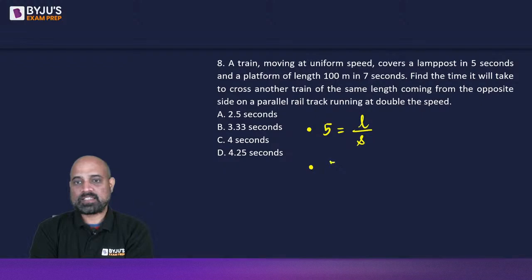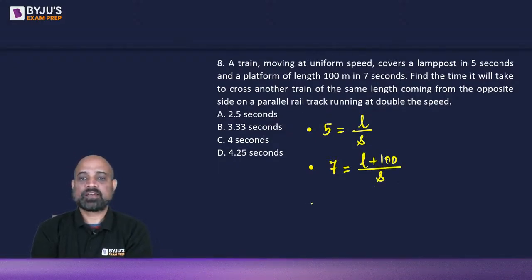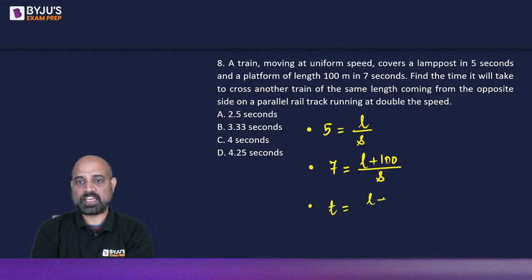Second, in 7 seconds, the train is able to cover its own length plus 100 meters of the platform at its own speed. The third thing asked is how much time this train and the other train will take. They are of the same length, so L plus L.